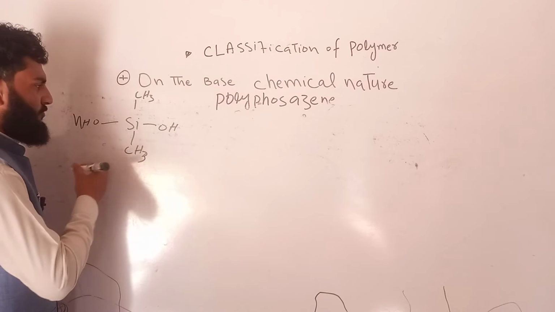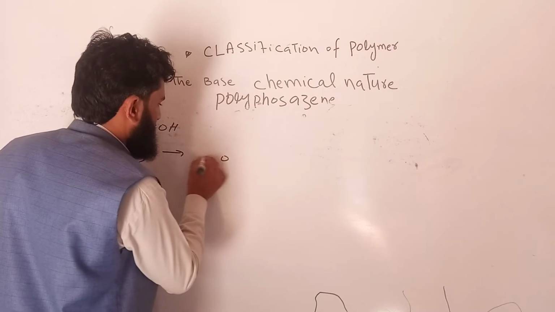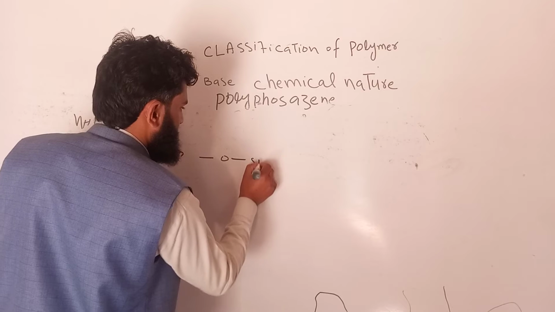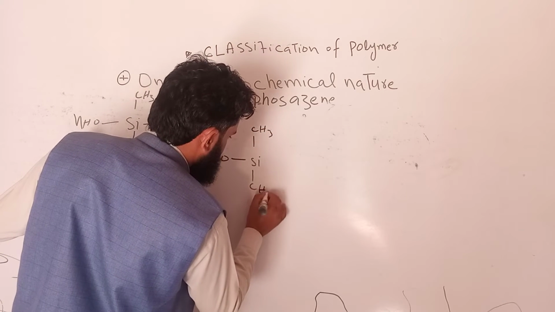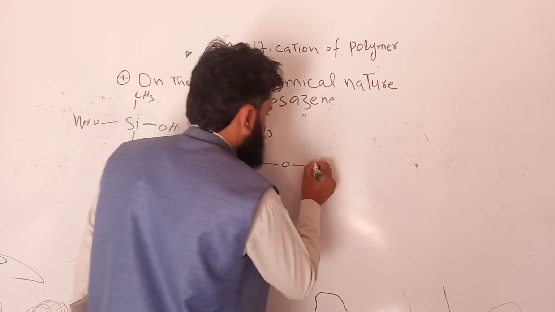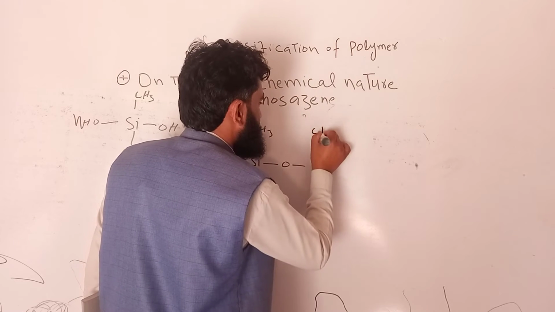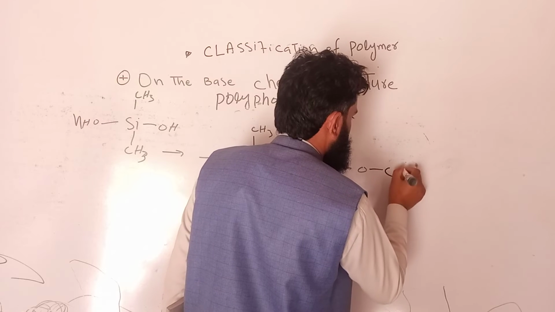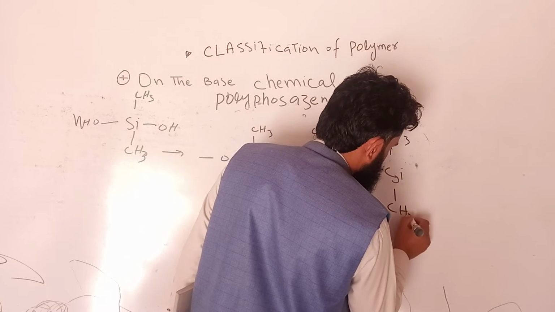So I want to form their polymeric chain. From this side there will be oxygen, there will be silicon, there will be CH3, there will be CH3, there will be oxygen, and so on, repeating: silicon, CH3, also silicon, CH3, and CH3.